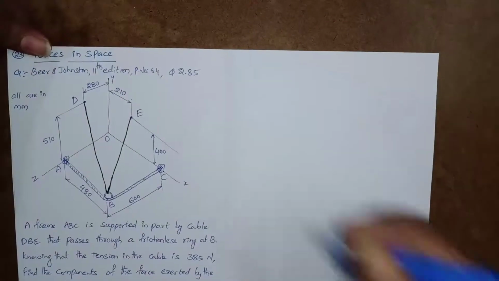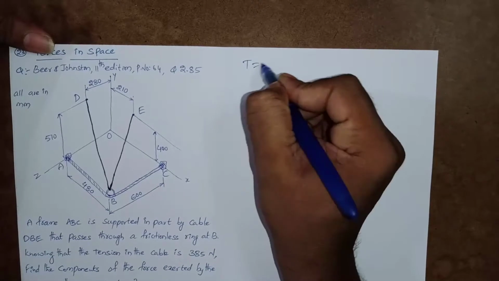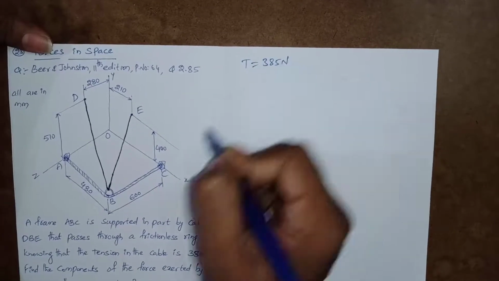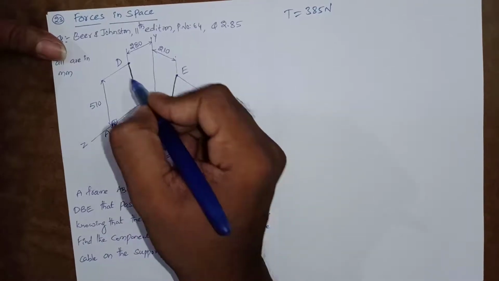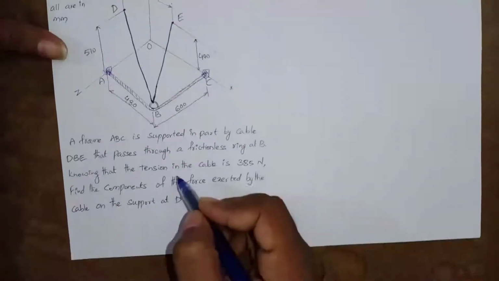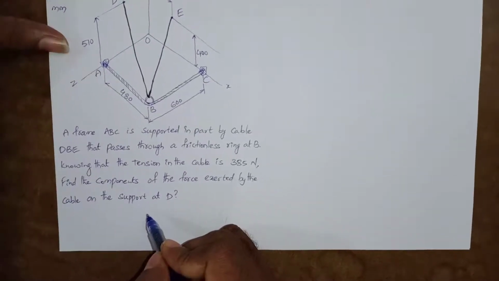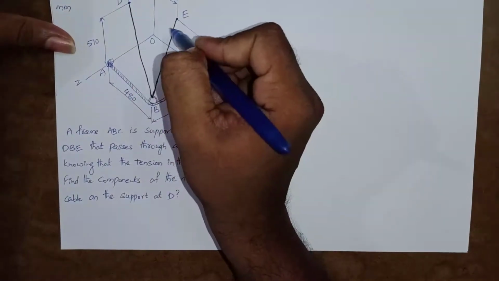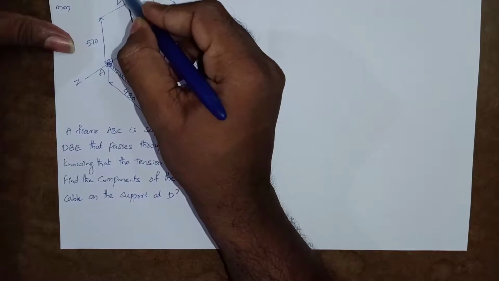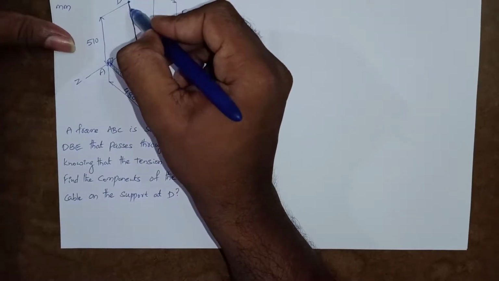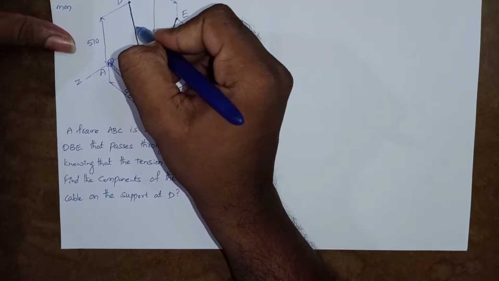So, solution. Given data: tension is 385 Newton. Regarding direction, here we want the force exerted by the cable on the support at D. For this cable to be in tension, the support at D must pull this cable in this direction, and at the same time the cable will pull this support at D in the opposite direction.